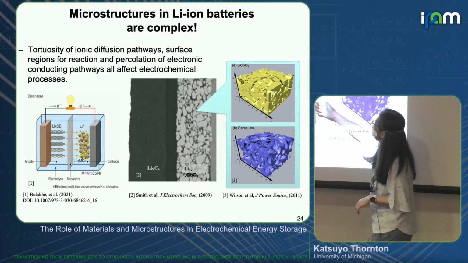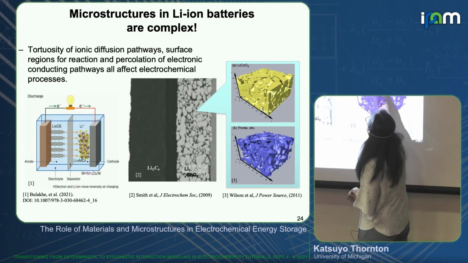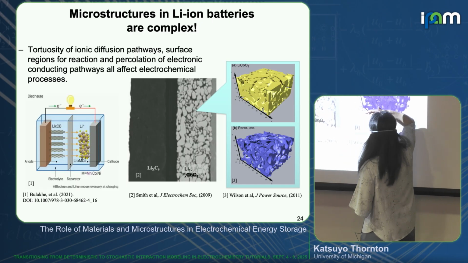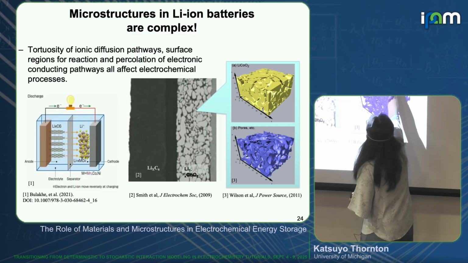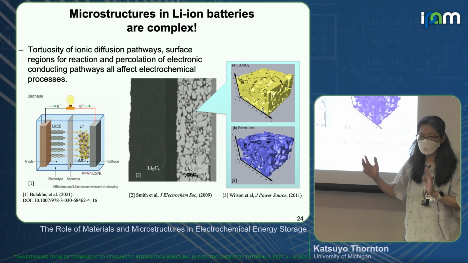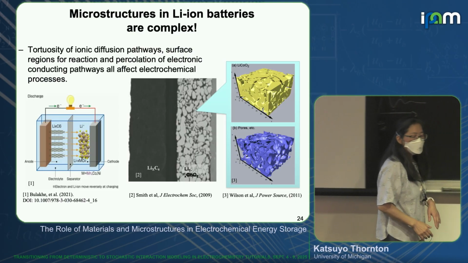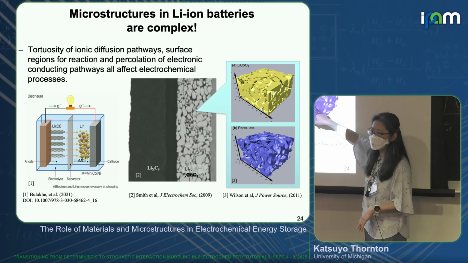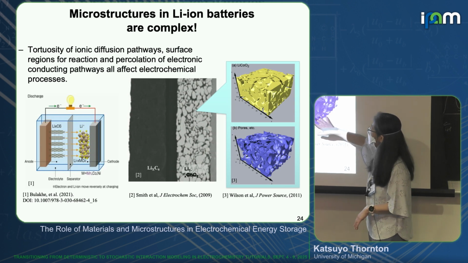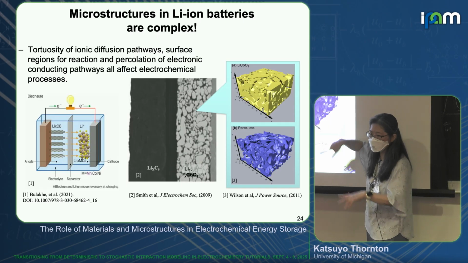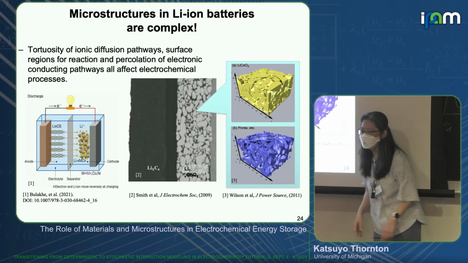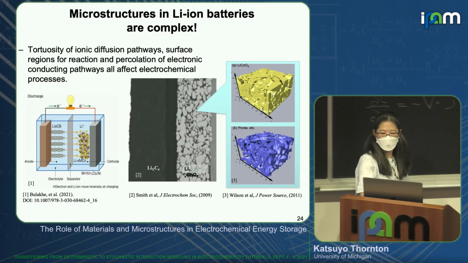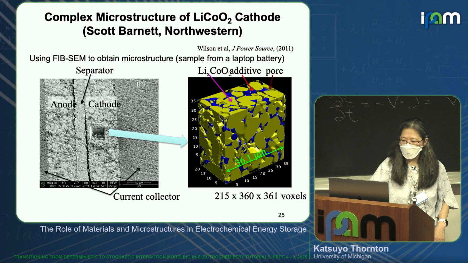Okay, if you do 3D characterization of these, this is from my collaborator Scott Barnett's group. They can actually reconstruct what these things look like. What can be noted here is that the lithium-ion transport path inside of the composite electrode is very complex. It's tortuous.